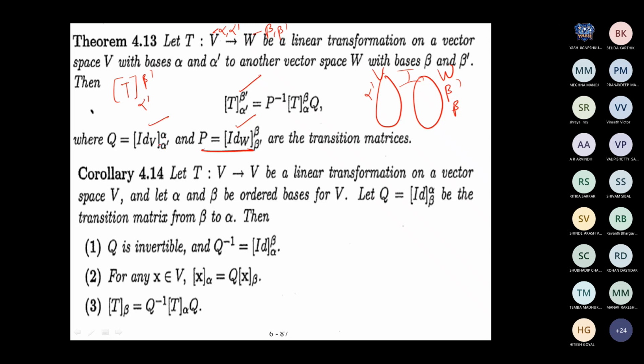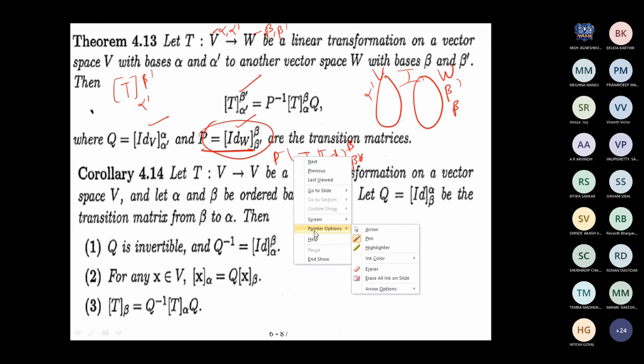What is the transition matrix when you move from alpha dash to alpha? Right? So can you say what will be P inverse then? If P is this one, what is P inverse? P inverse is ID beta dash to beta.